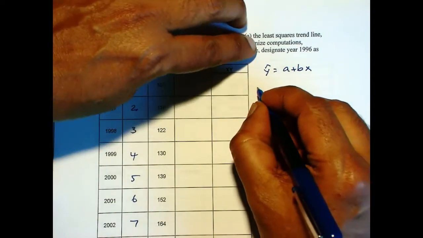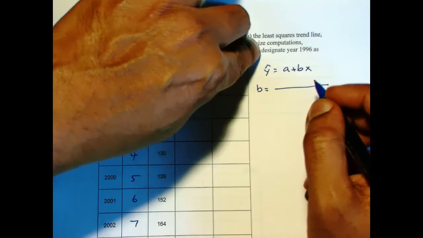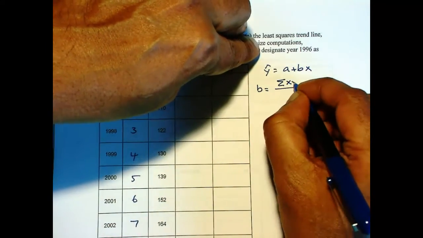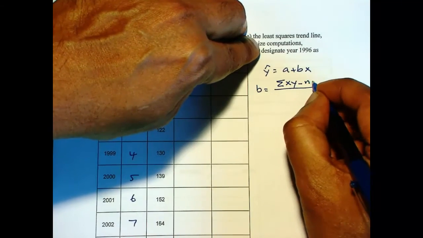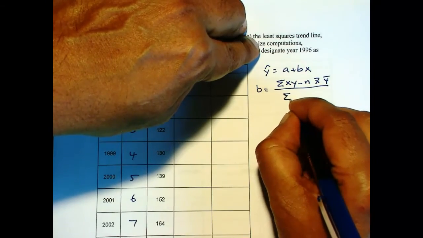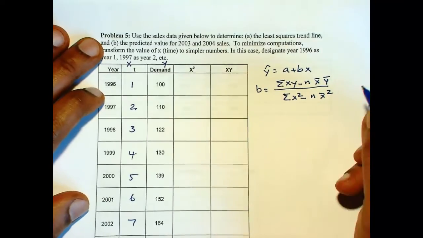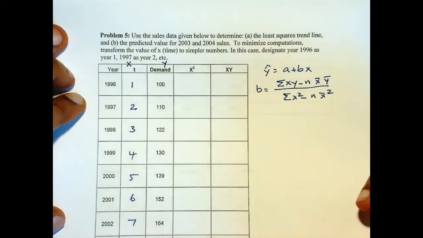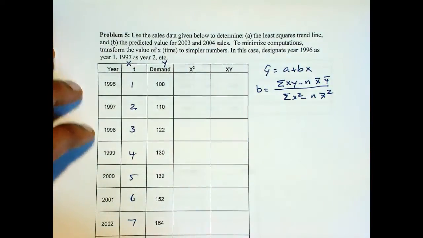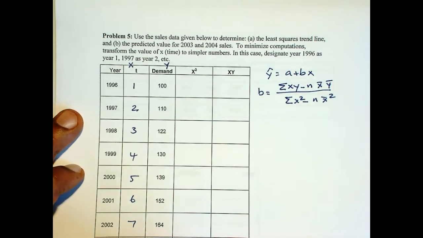And the formula for b is sum of xy minus n times x bar times y bar divided by sum of x squared minus n times x bar squared. So we need the sum of x and sum of y so we can compute. Now let's look at the sum.